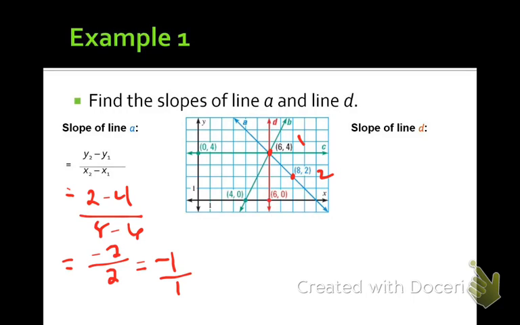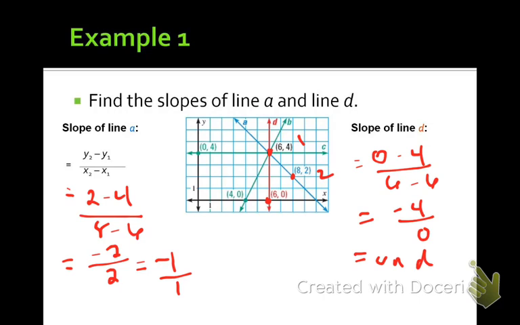Now, line D uses this point and this point. So just by the formula, you get 0 minus 4 over 6 minus 6, which is what I was talking about before. Now it's negative 4 over 0. Can't divide by 0, so this is undefined.